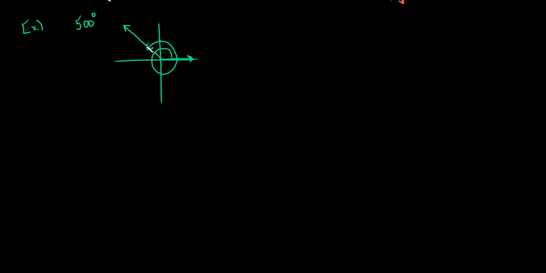Now, I don't know if your teacher is more strict on where exactly it ends up and showing any extra work, but I'm okay with this as long as I see the direction of rotation, counterclockwise versus clockwise, and if you end up in the right quadrant, that's good enough for me. We're going to get into some more specifics in a future video. If you want to show some extra information, like this would be another 40 degrees, feel free to do that. For me, at least, it's not necessary.